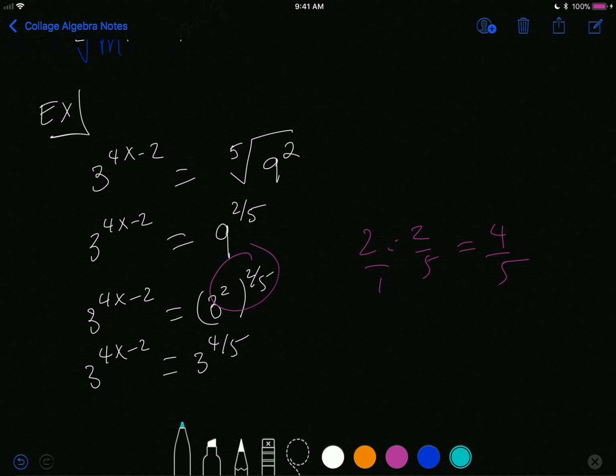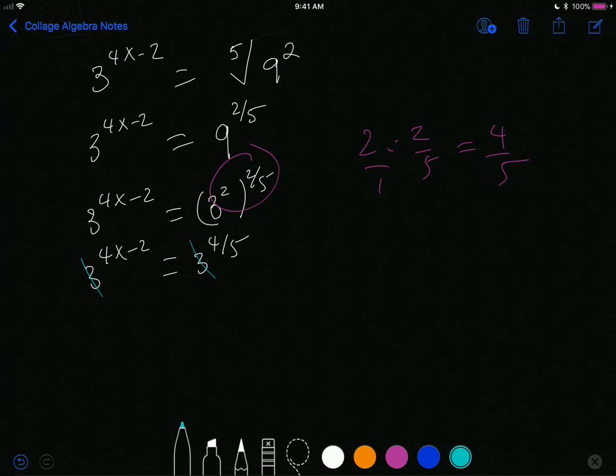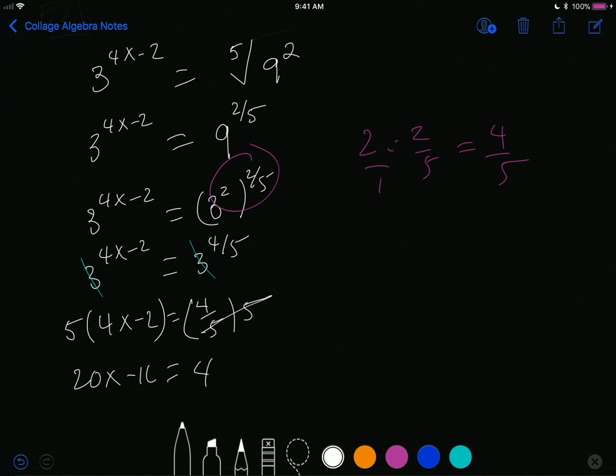The bases are not the same, so unceremoniously we just get rid of them. It's not like we like them or anything. And so that's 4x minus 2 is equal to 4 over 5. I have a fraction. The simplest thing to do is to get rid of it, so I multiply everything by 5. And these will cancel, so that's a 4, and that's 20x minus 10.